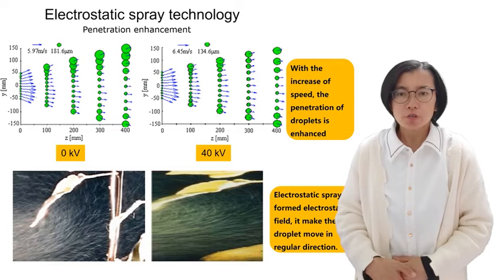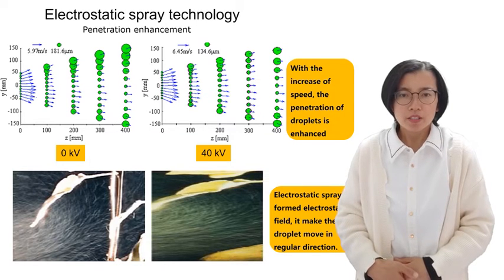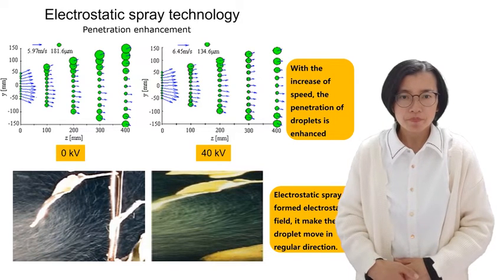In the control group, there is no voltage connected to it, and the speed of the droplet is 5.97. And in the experimental group, the speed is 6.45 and the voltage is 40 kilovolts.